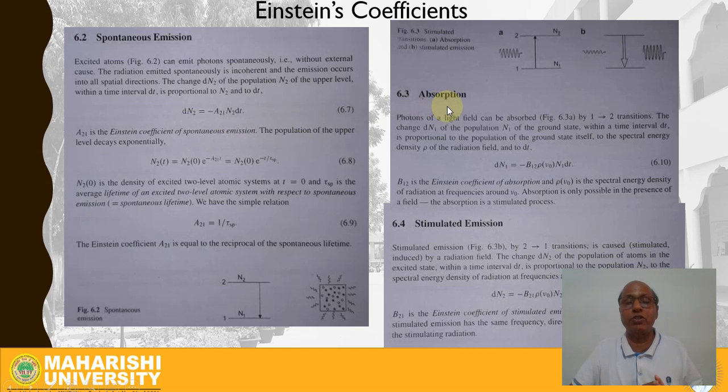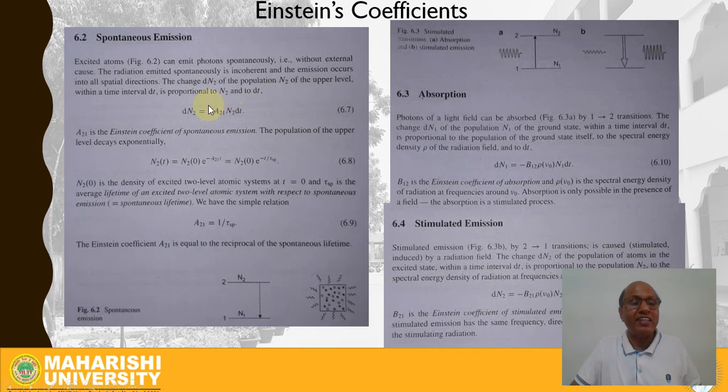Similarly, we will talk about the absorption. The photons of a light field can be absorbed by the atoms at level 1, and since they have absorbed the radiation, they will jump to level 2, and this transition from 1 to 2 will occur with some change in the population at N1.